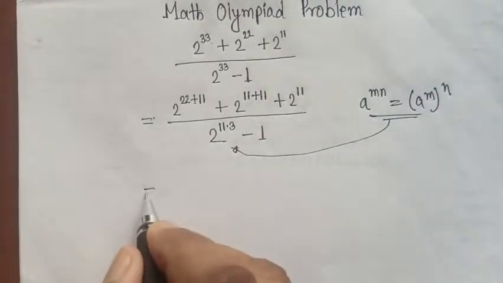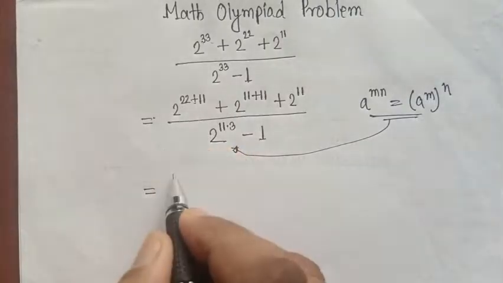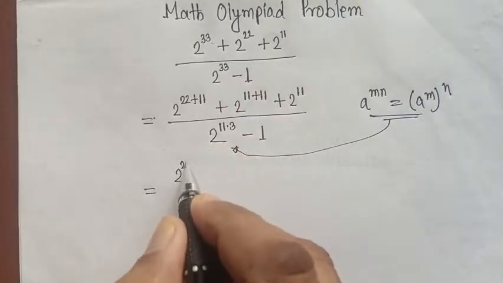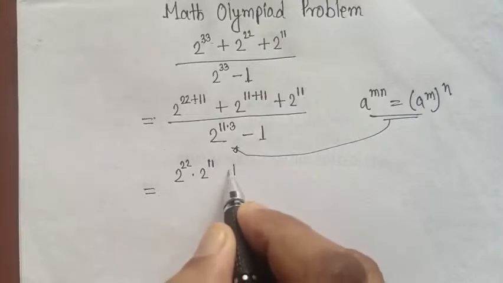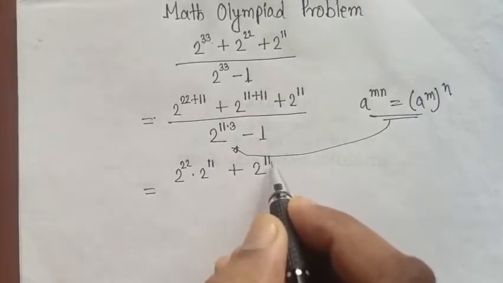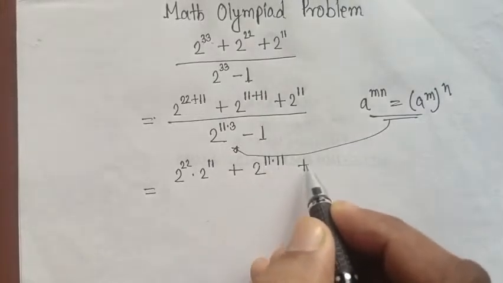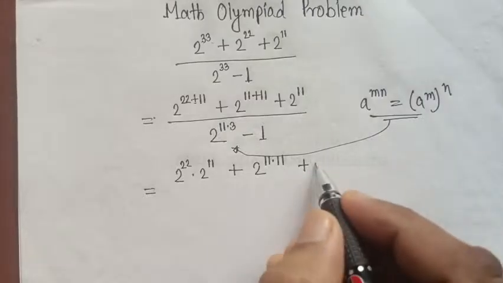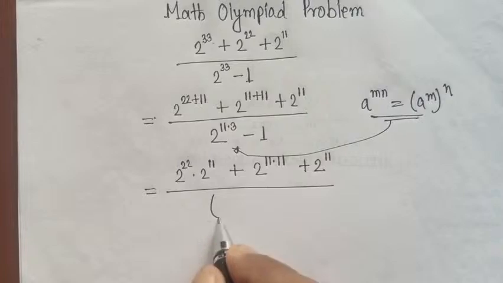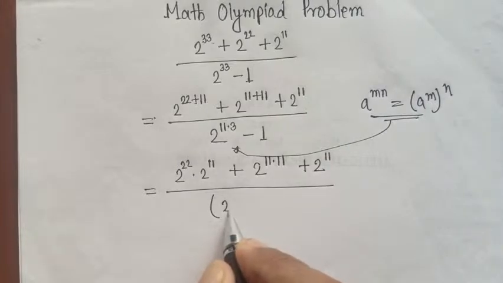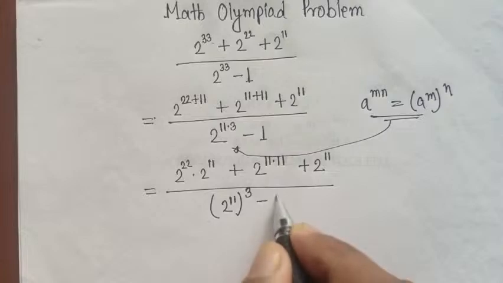Okay, so here we can write that 2 to the power 22, 2 to the power 11 plus 2 to the power 11 into 11 plus 2 to the power 11 by 2 to the power 11 to the power 3 minus 1.